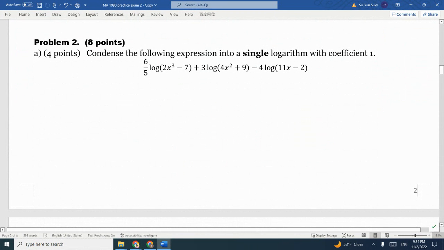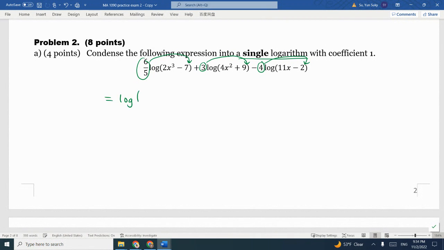We use the properties of log, right? We want to combine into a single log. So first thing you do is move all these coefficients onto the power.